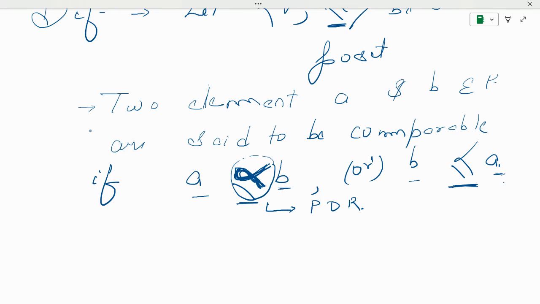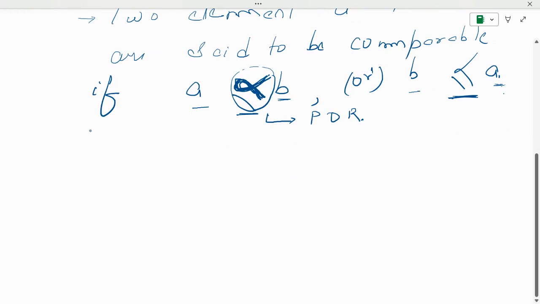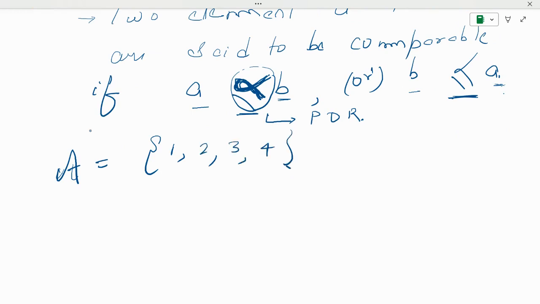Let's see what I mean by this. If we have a set called A and it consists of 1, 2, 3, 4, and let's say that A is a set and less than or equal to is an operation over A, and let's say this is a poset. Of course this is a poset, we have already seen that less than or equal to, or greater than or equal to, is a partial order on Z, the set of integers.